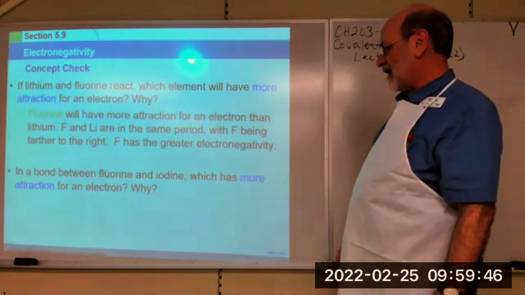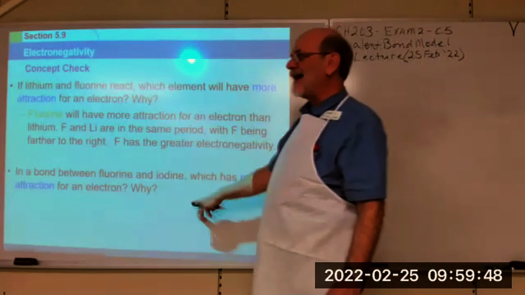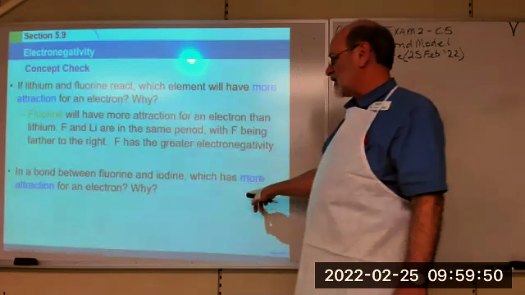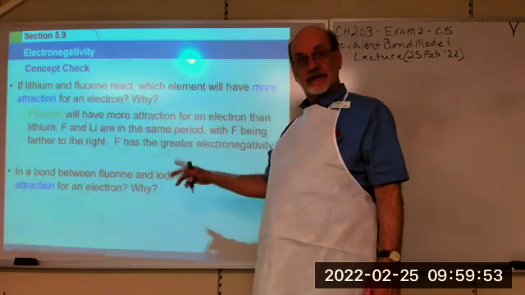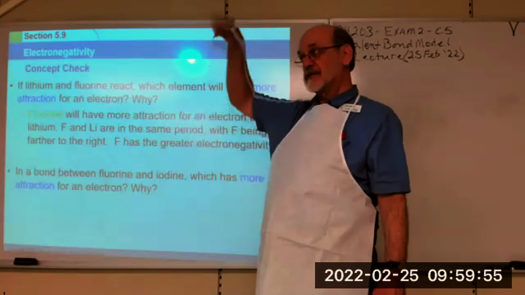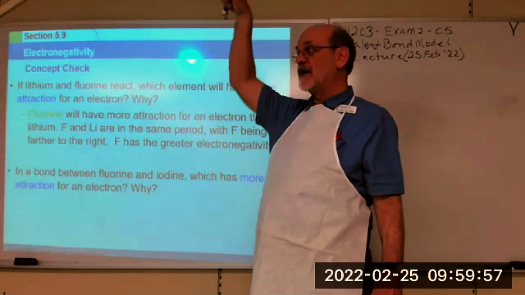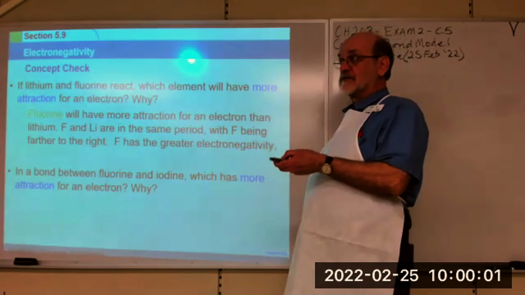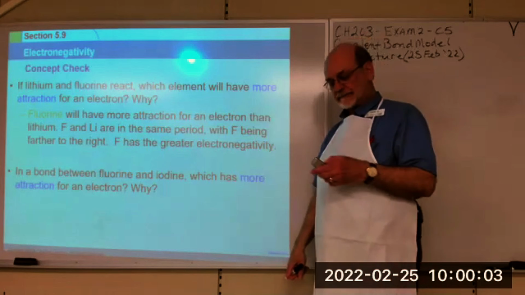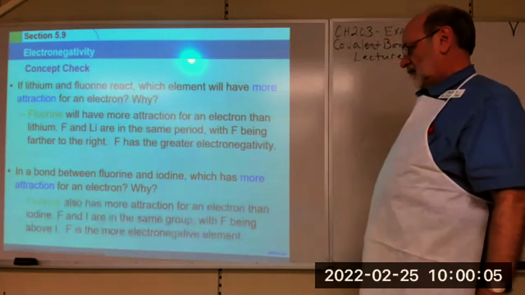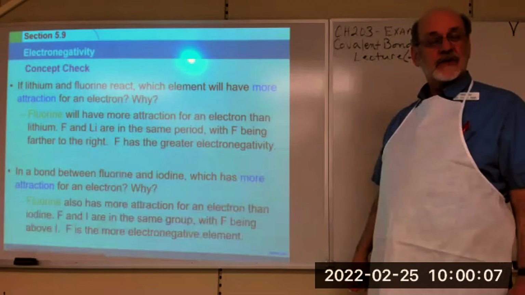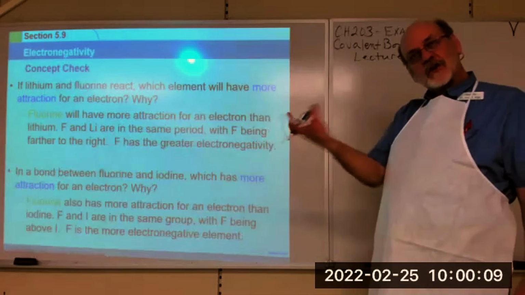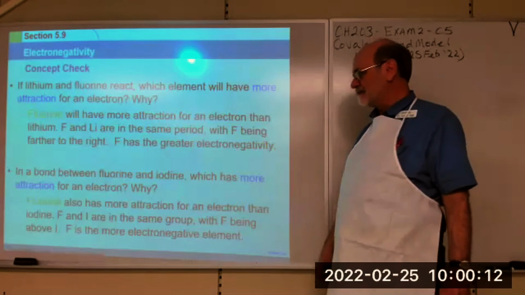How about in a bond between fluorine and iodine, which has more attraction? Fluorine, because it's above iodine. And you can get bonds between two different halogens. Fluorine is still more electronegative and tends to attract electrons to itself more strongly.